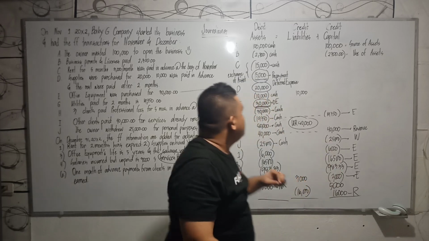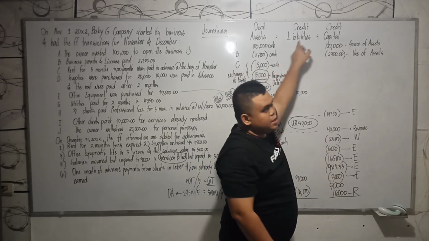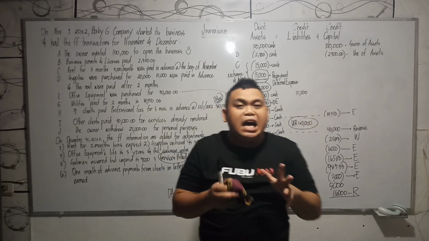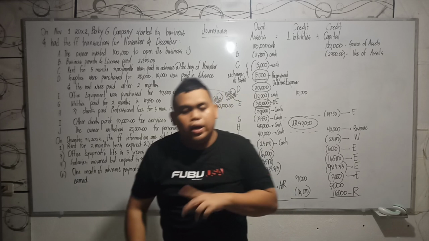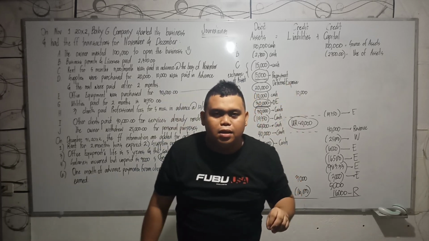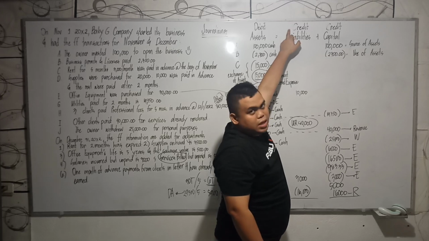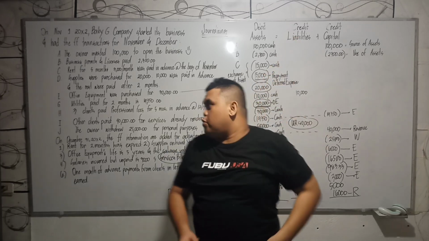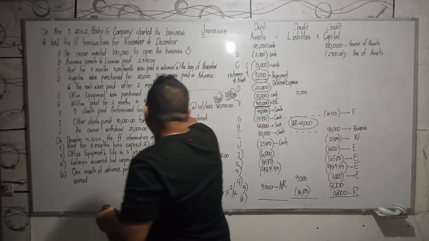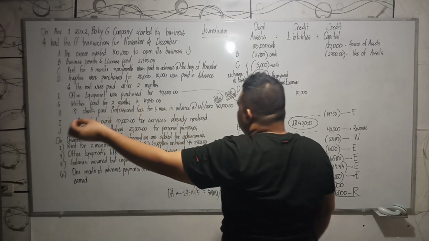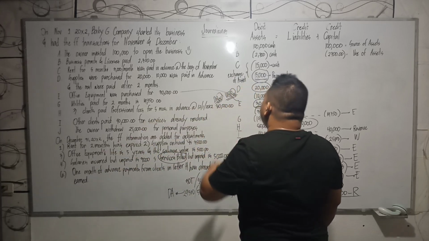Now, on the opposite side, after this equality symbol, we have liabilities and capital. They have opposite rules to the asset. In liabilities and capital, when they increase, of course, you will use the credit. For example, we have here the supplies, which were purchased for 20,000. 10,000 was paid in advance, and the rest was to be paid after 2 months.